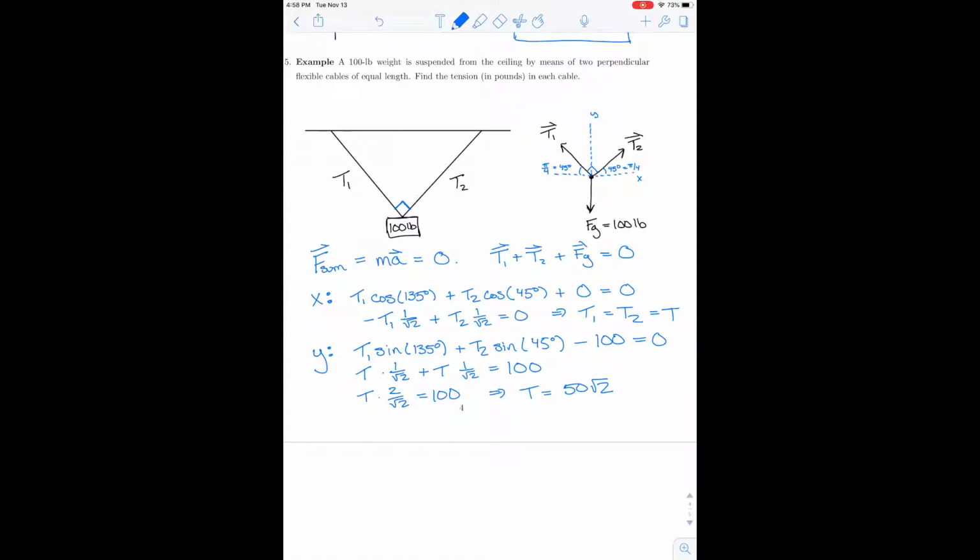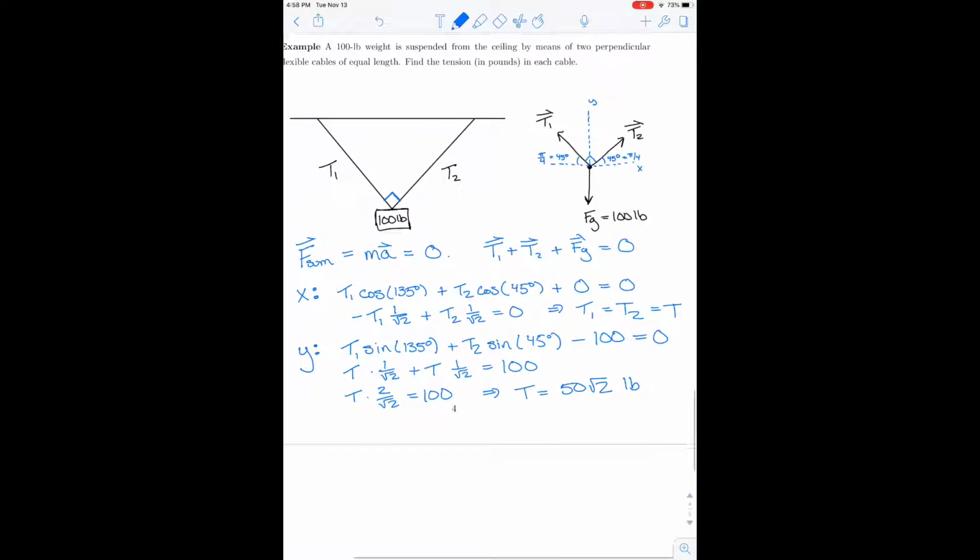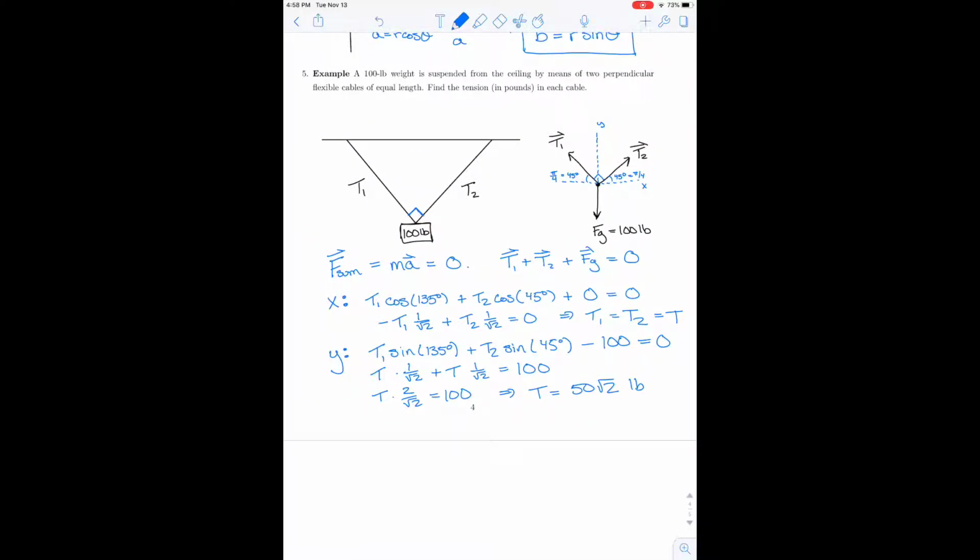And so what's interesting is that in order to hold this 100-pound weight, the tension in each of these two cables, because they're at an angle, is not 50 in each direction, but 50 times the square root of 2.